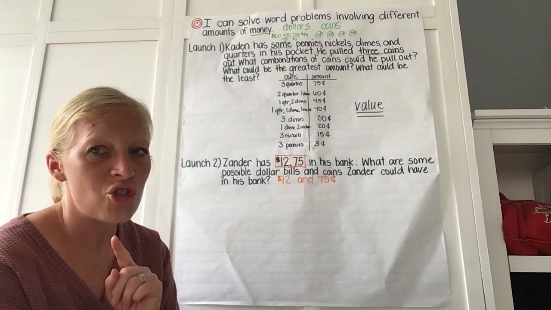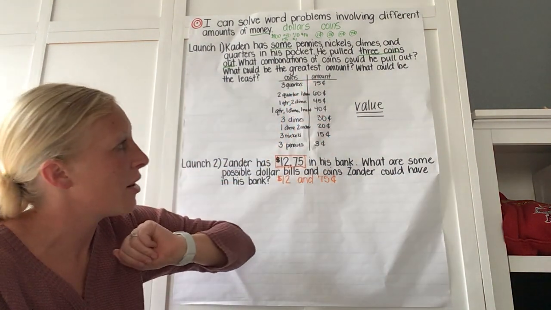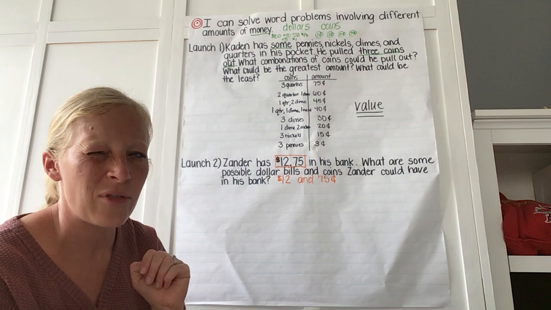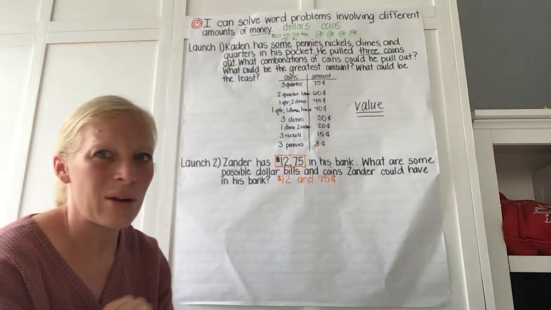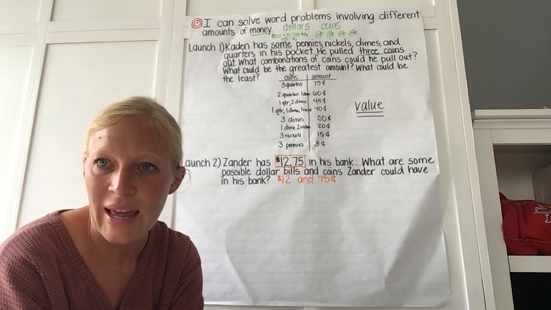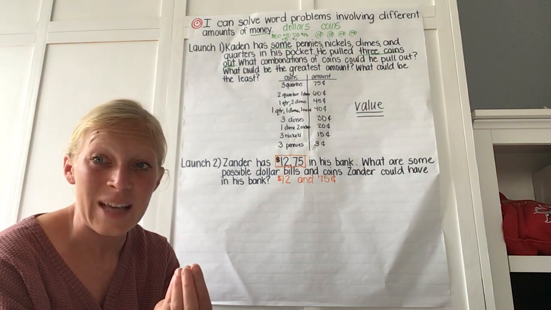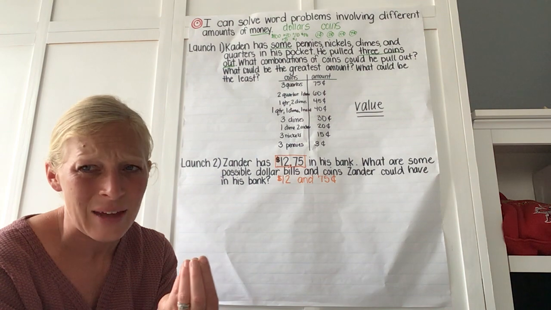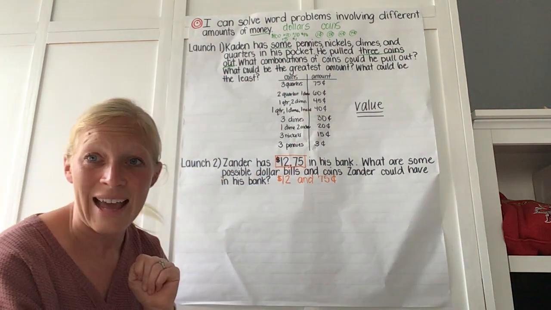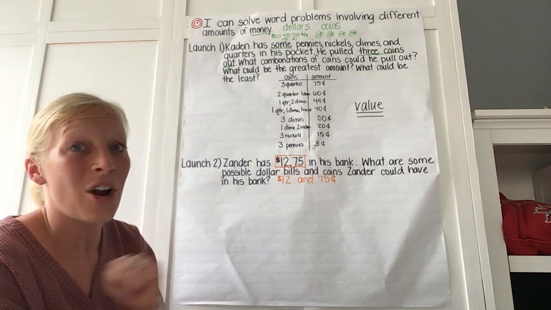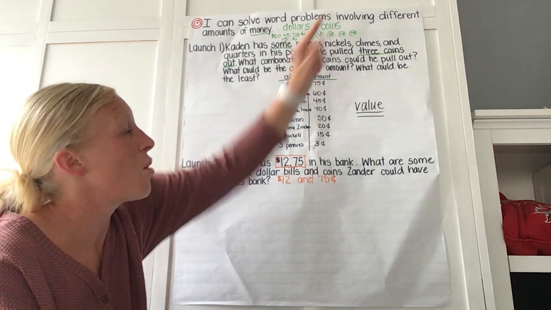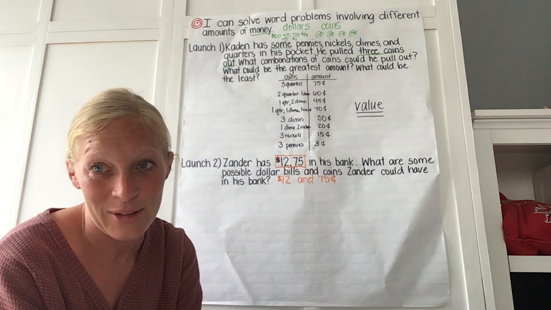Now, just like with this problem up here, but maybe a little flip-flopped, we have an amount and we have to decide what are different ways that we could see that. Before, we had a group of coins and we had to figure out how much those could be worth. Now we have a value we're looking at, don't we? And we have to put our dollars and our coins together to make that amount.